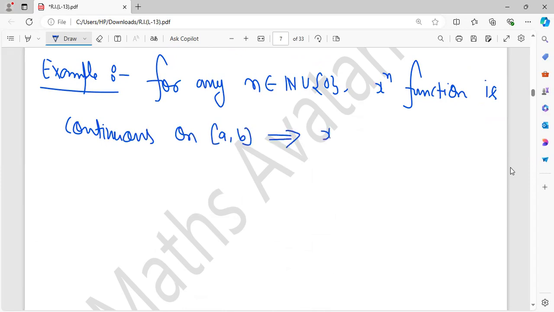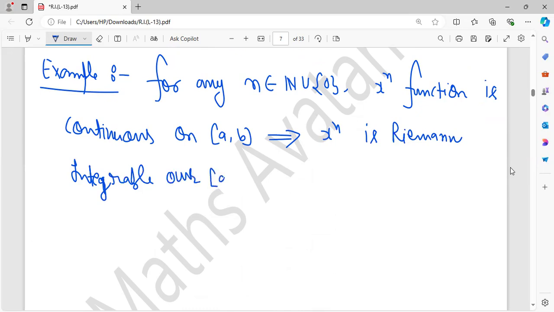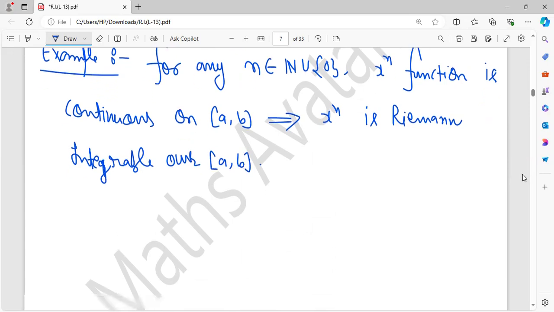This implies x to the power n is Riemann integrable over [a, b].